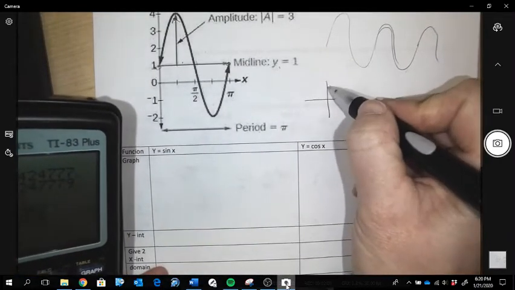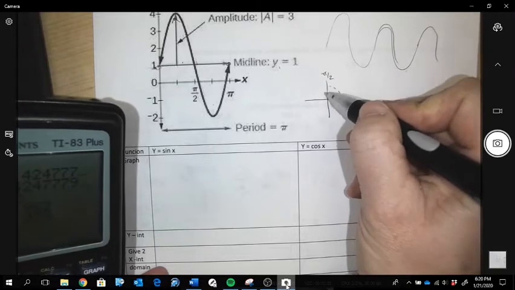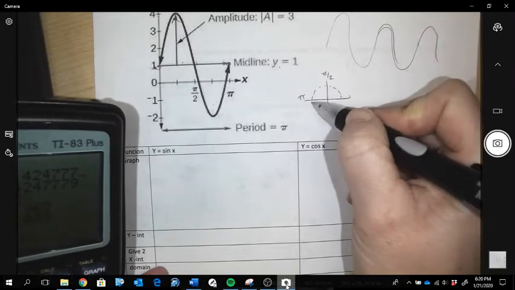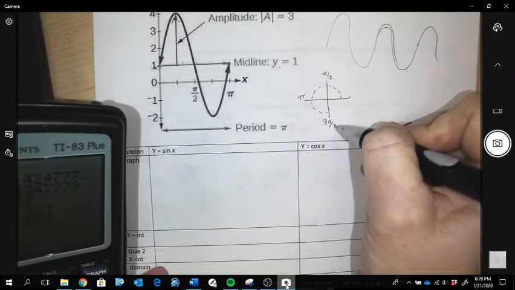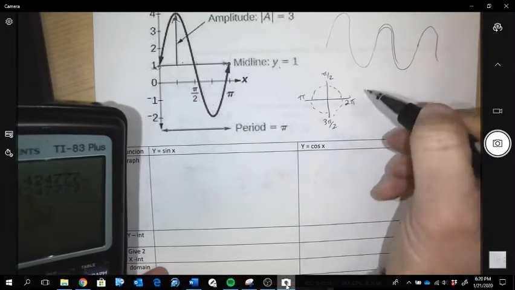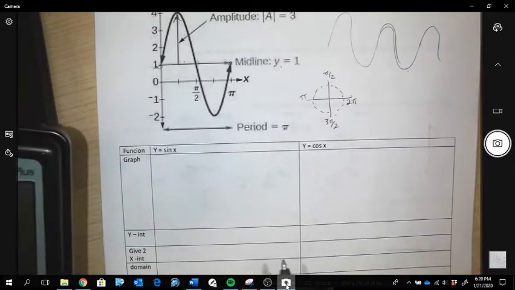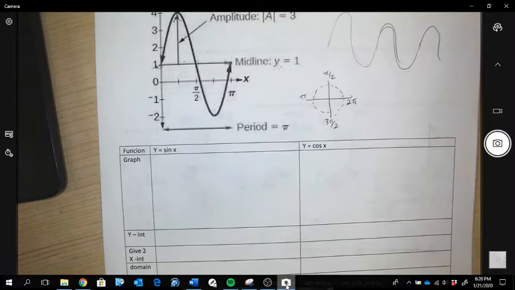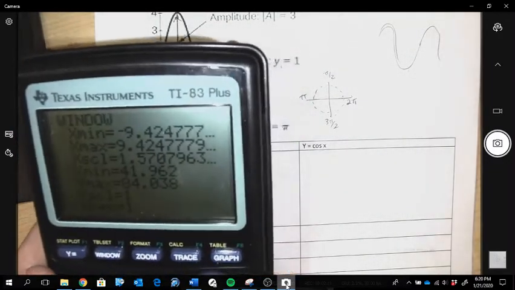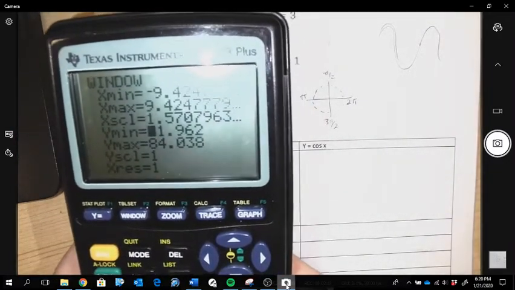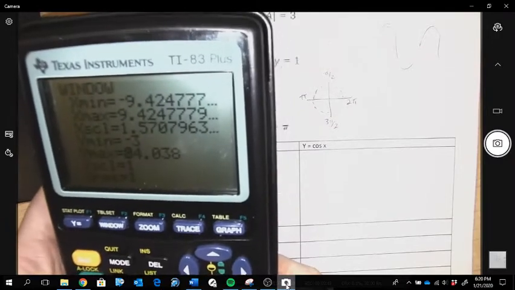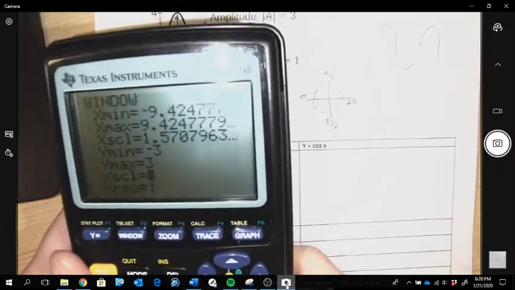Remember, so this is pi over 2, pi, 3 pi over 2, and then 2 pi. I'm kind of trying to create those angles. Okay, I'm going to change my y min to negative 3 to 3, and then up by 1s.